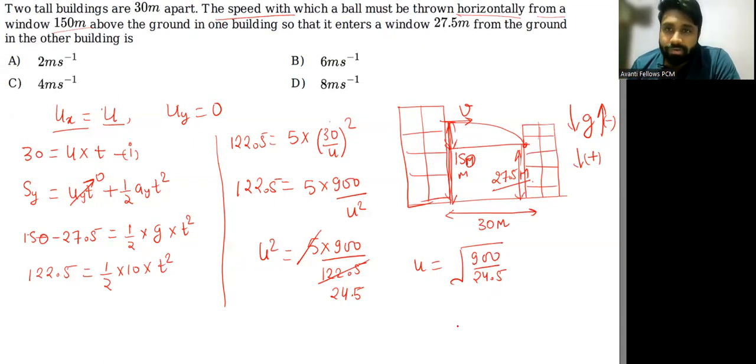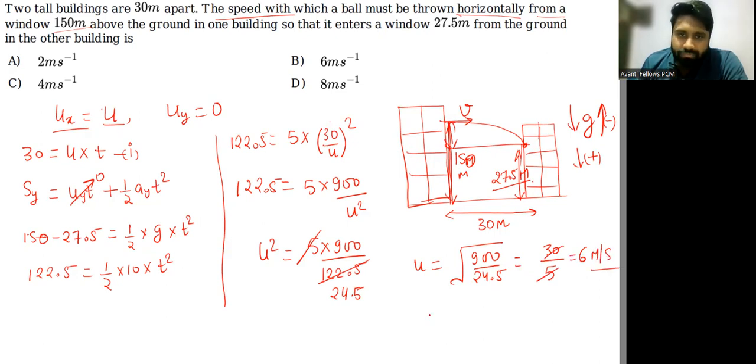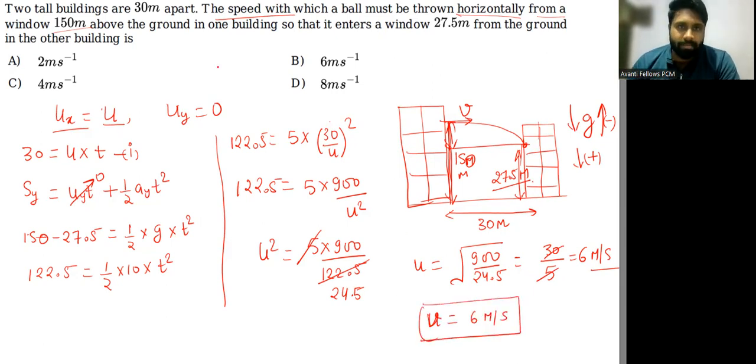Now 24.5 is very near to 25, so we can consider it as the square root of 900 by 25. The square root of 900 is 30, and 24.5 approximately we take as 25, so it is 30 by 5, which is 6. So the horizontal velocity u will be 6 meters per second. Okay, option B is the correct option.